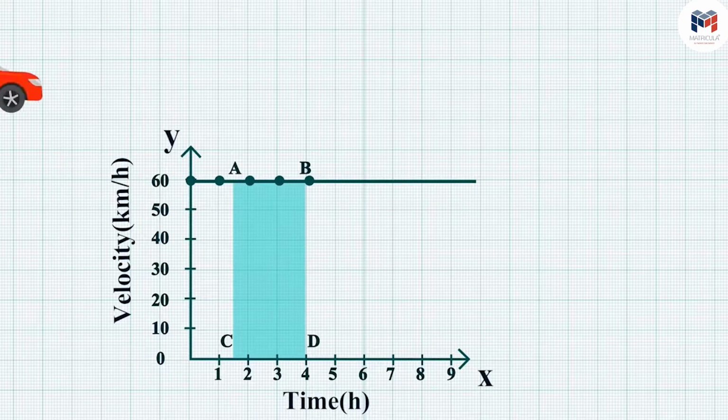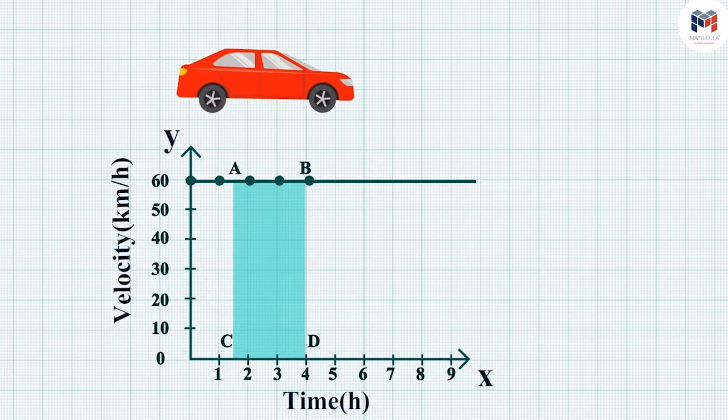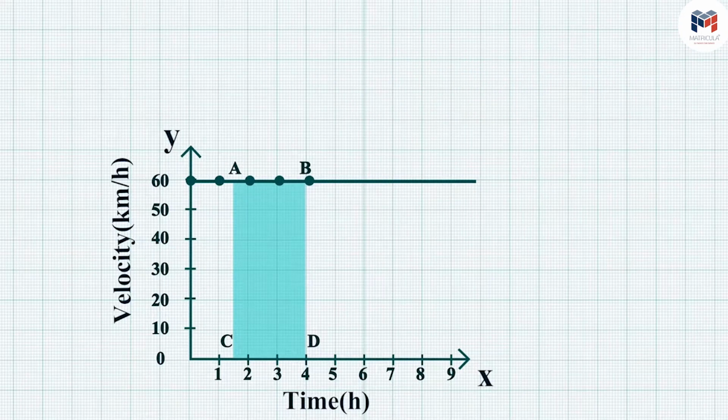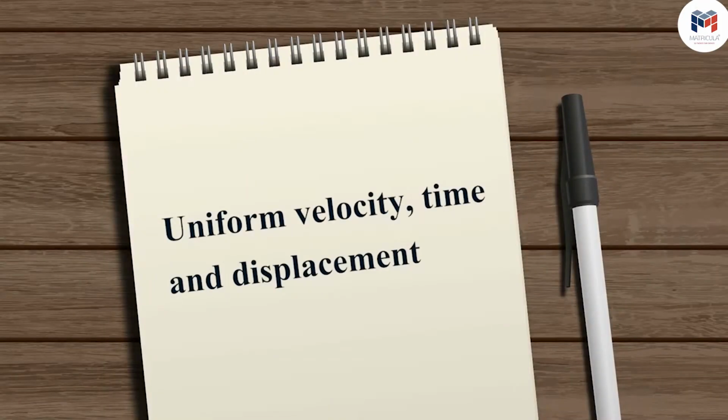As the car is moving at a uniform velocity, the height of its velocity time graph will not change with time. It is a straight line parallel to the x-axis. Earlier, we studied the relation among uniform velocity, time and displacement.